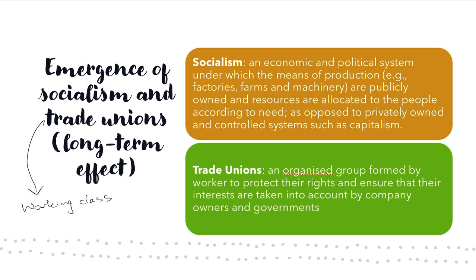So we have these theories come about with socialism where means of production are publicly owned and resources are allocated to people according to needs. So it's very much people-based rather than power-based. And by power, I mean people who were in power at that time.